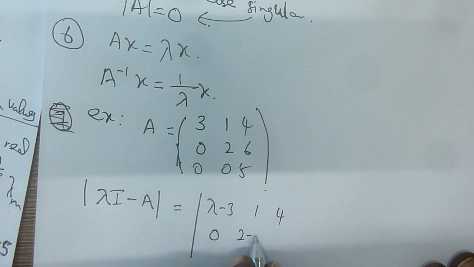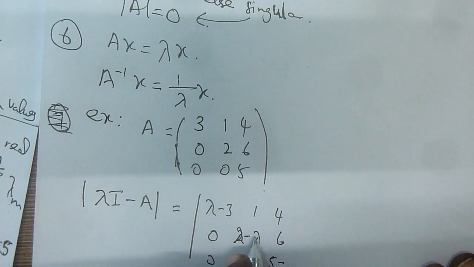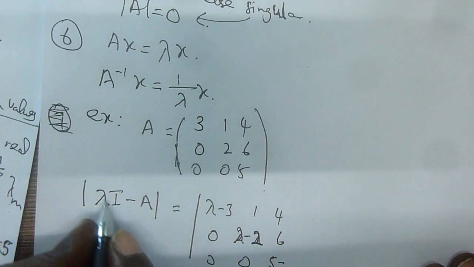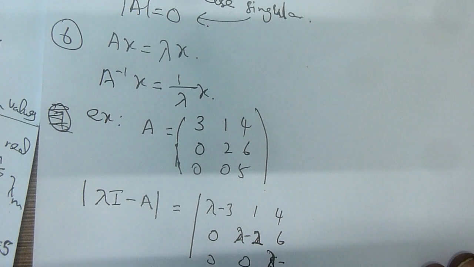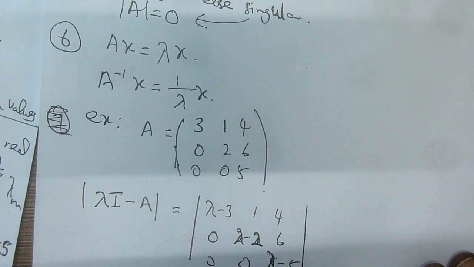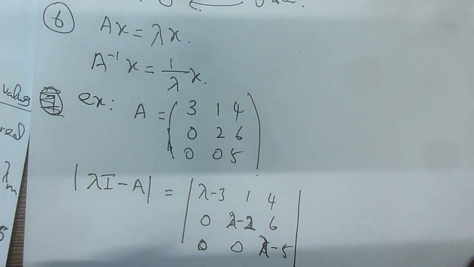This is lambda minus 2, 6, 0, 0, lambda minus 5. Very sorry, because we are doing the other way around. When I simplify this, it is a little bit easier because of the 0. This is your skill of determinant, to find out. Otherwise you waste your time.